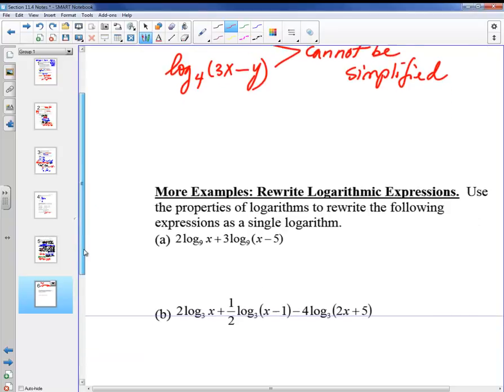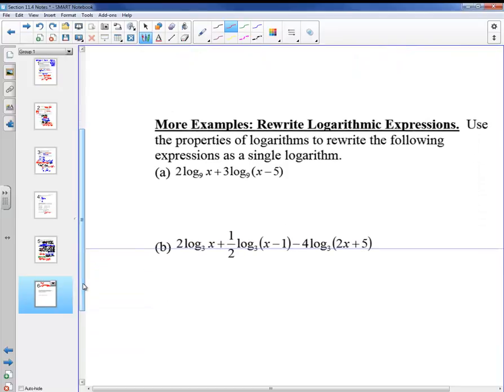Okay, now here are some more examples, and these ones are the kind where you are asked to rewrite as a single log. So you're going backwards from most of the ones we did before. So we start with order of operations. That will be 2 times the log, 3 times the log, and then the addition. So we do that power, that coefficient first, and the power rule.